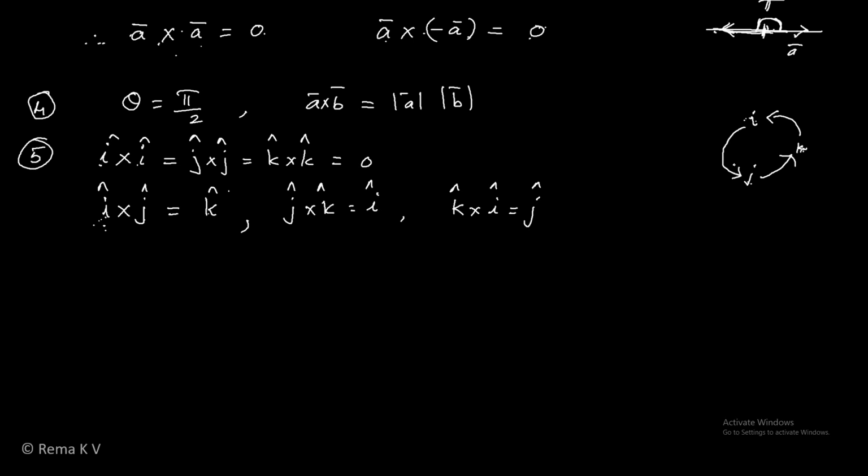If this is in the reverse order, that is J cross I, then I cross J is equal to K cap, J cross I is equal to minus K cap, then K cross J is equal to minus I cap, and then I cross K is equal to minus J cap.